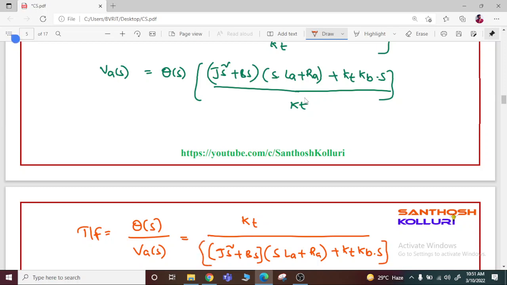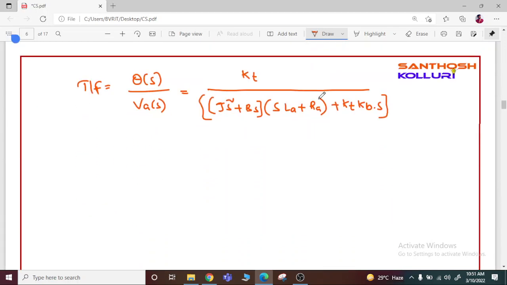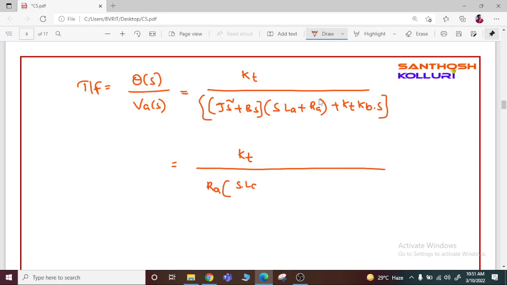This is the transfer function, and further it can be simplified as Kt divided by, so I am just taking Ra as common from this, so this can be s into La by Ra plus 1, and from this Bs I am taking as common, then J into s square by Bs plus 1, plus Kt into Kb into s.